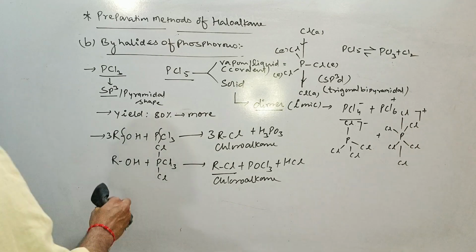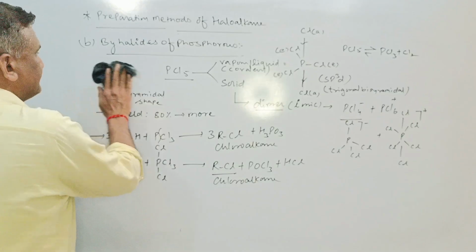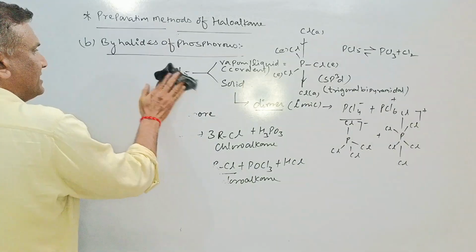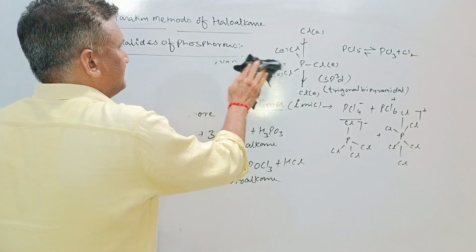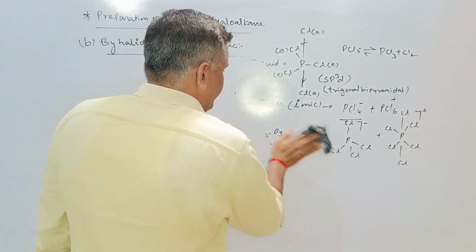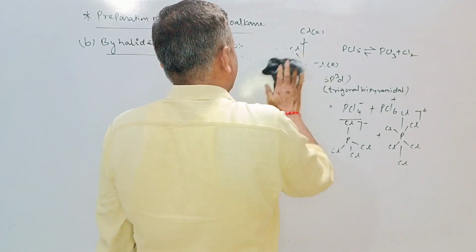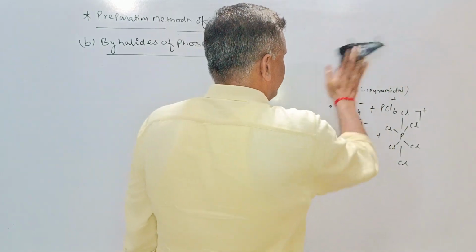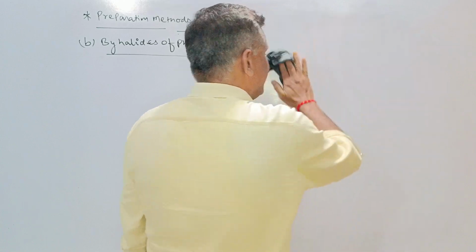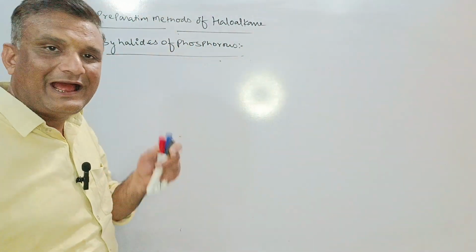Now it's time to discuss the same reaction. If we want to get bromide and iodide by this method, we can use PBr3 and PI3, but both are unstable, so we can't use them directly. Here we use an indirect method.